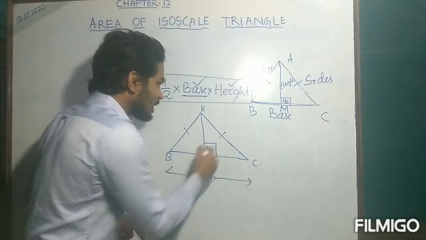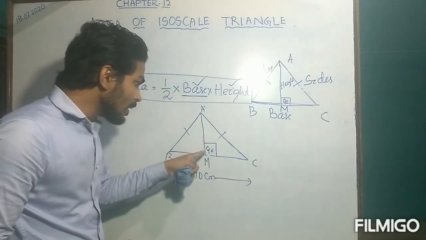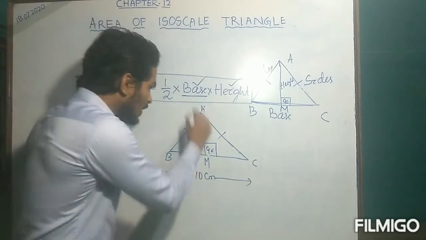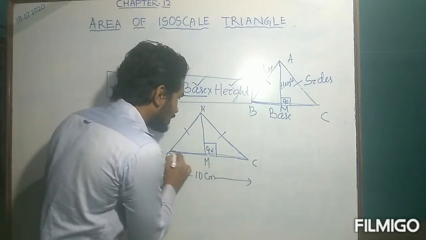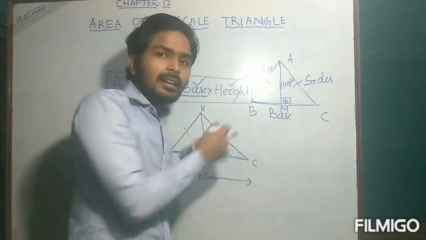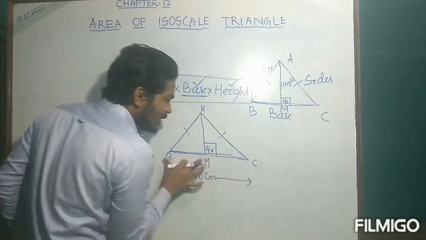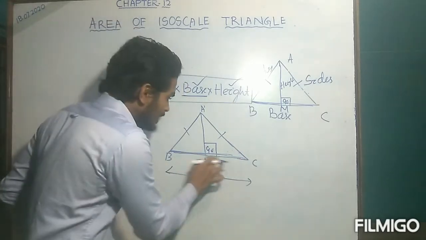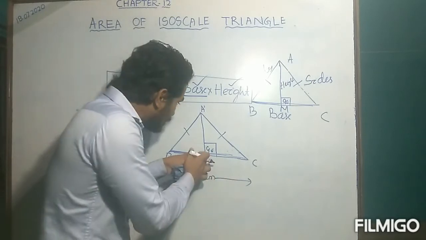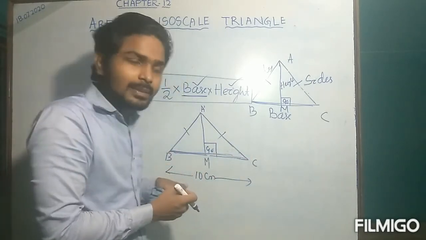Then if it is an isosceles triangle whose two sides are equal, then the height AM cuts this base into two equal halves, or it bisects the base. These two parts will be the same because it divides the base into two equal halves.